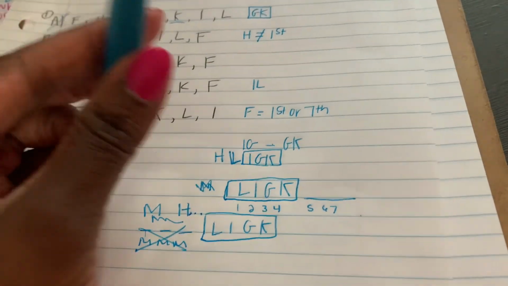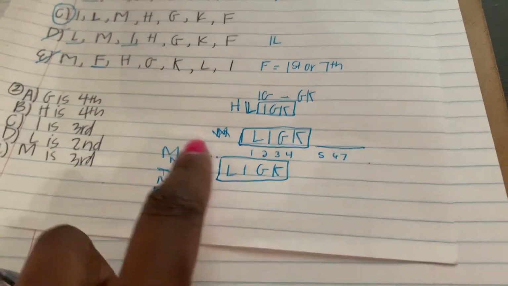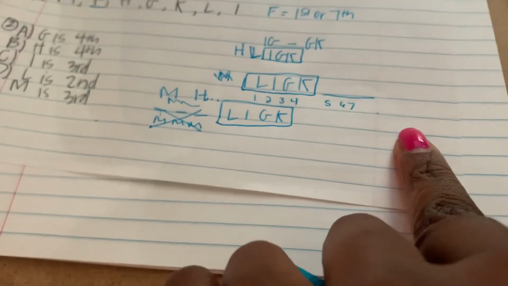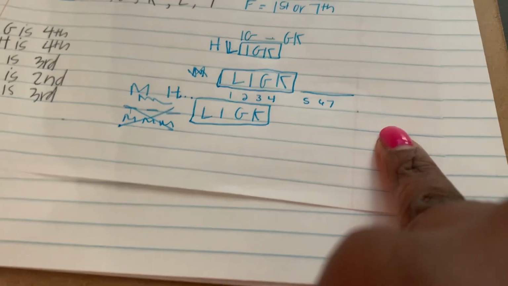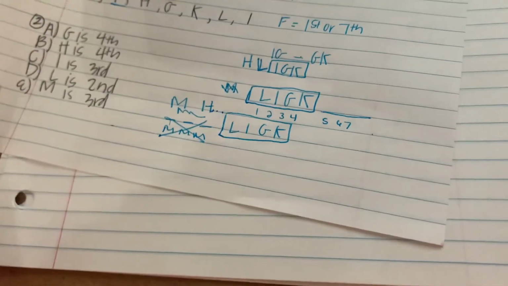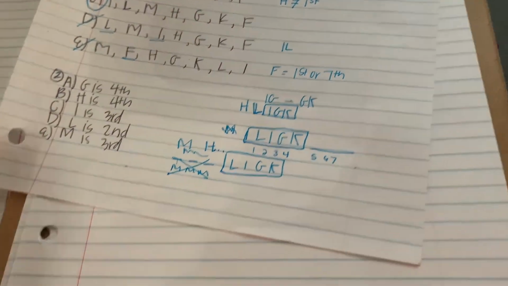Okay. And then we know that F is 5th or 7th, and it looks like F is going to have to be 7th, because these have to come first. So F has to be 7th, which is not an option out of our choices here. But we know that F has to be 7th, because if F isn't 7th, then we can't make this stuff apply.